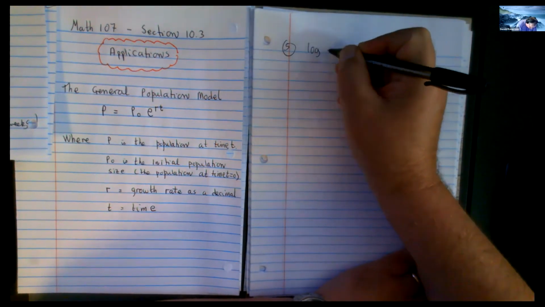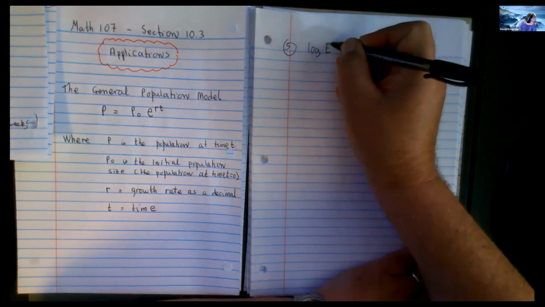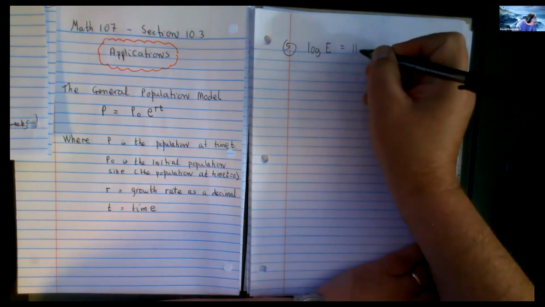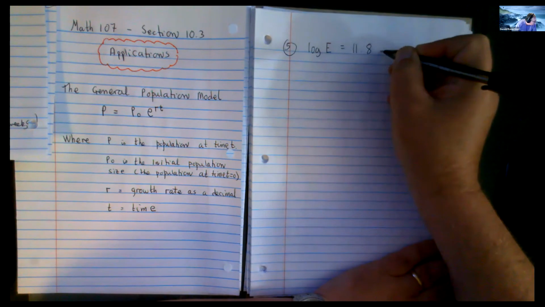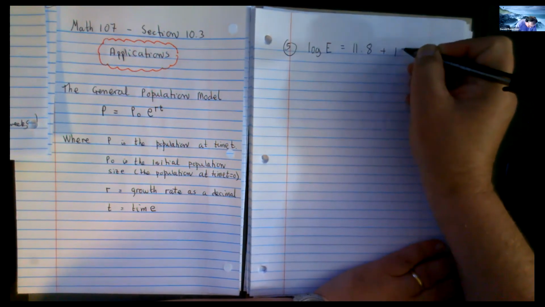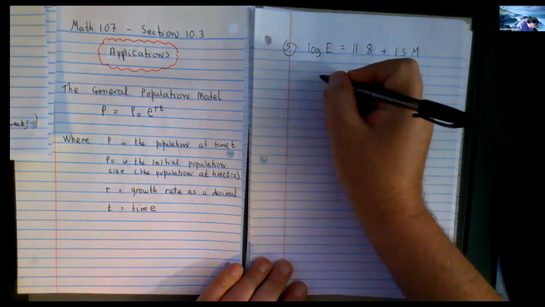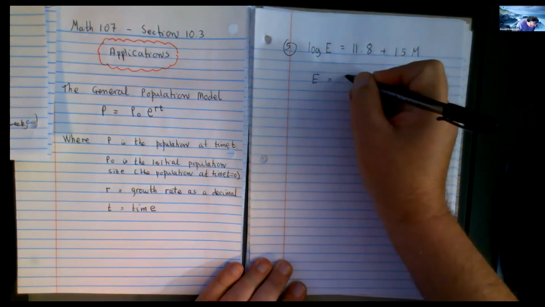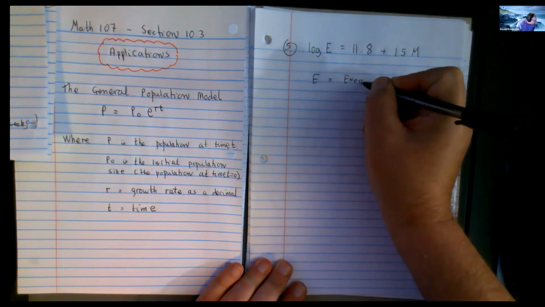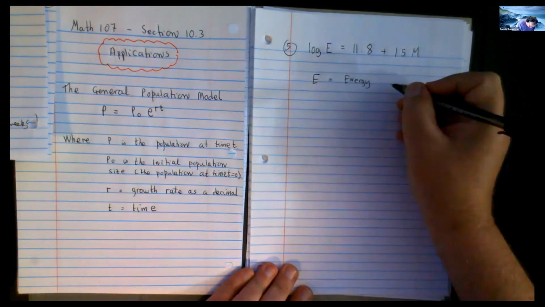Log of capital E is 11.8 plus 1.5 M. And E is energy that you get from an earthquake.